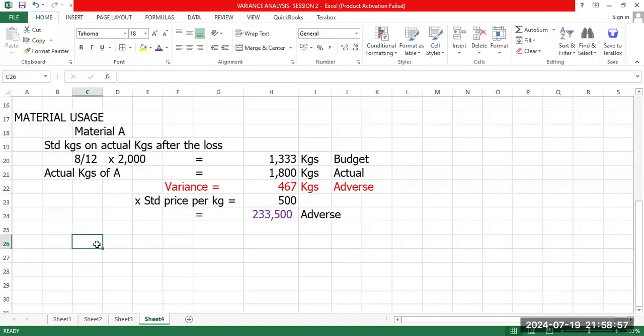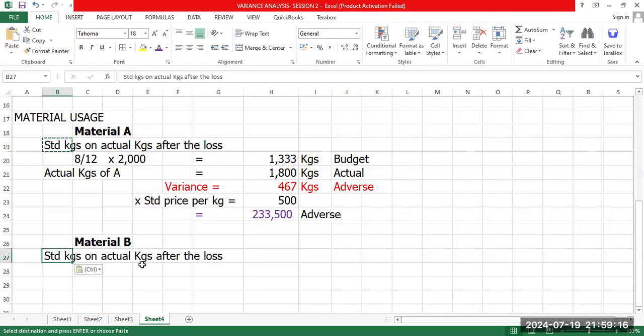We go to material B. We use the same concept. Get the standard kgs on actual kgs after the loss.